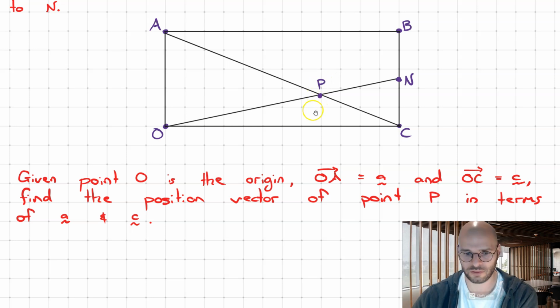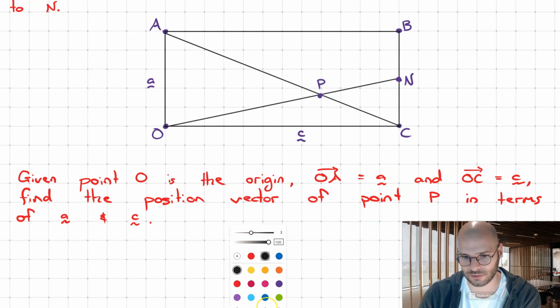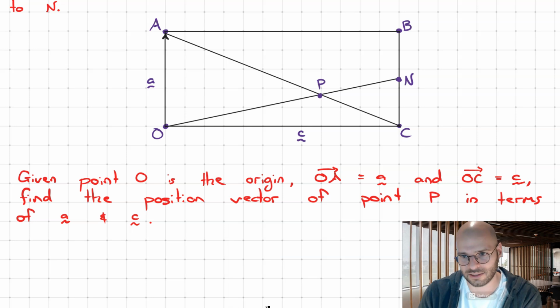Now, starting off, let's label our diagram. We know that O represents the origin, O to A represents vector A, O to C represents vector C. So we have two new vectors, A and C. Now, additional to this, we have the pathway from point A to B. This is the same as vector C because they point in the same direction and they have the same length.